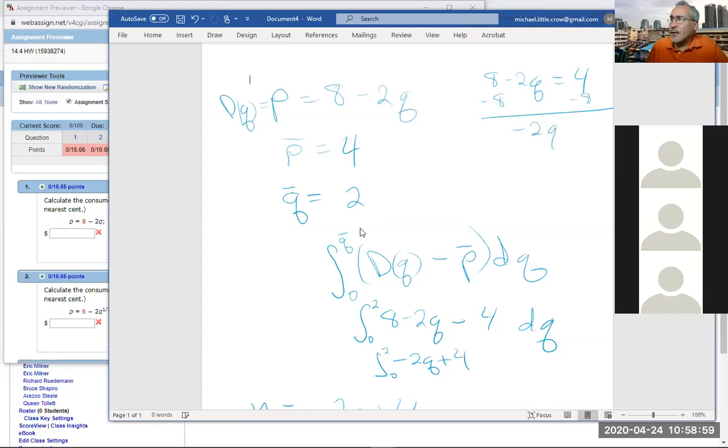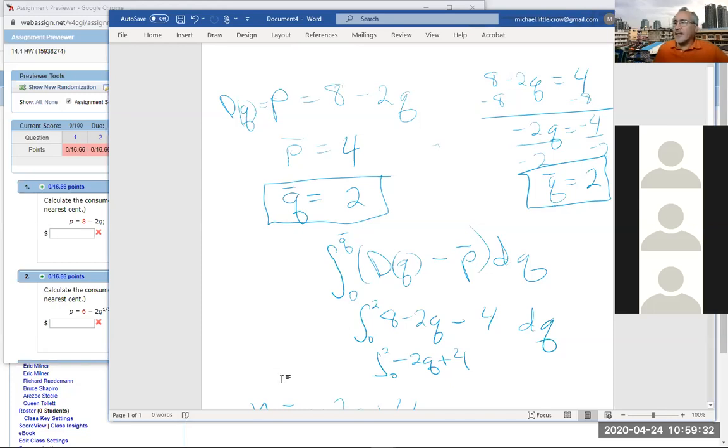So you get negative 2Q equals negative 4. Divide both sides by negative 2. So you get Q equals 2. Now Jacob did it graphically, and he also got Q bar equals 2. Since this was P bar, what we're finding is Q bar as well. We're finding the value of Q where it intersects.